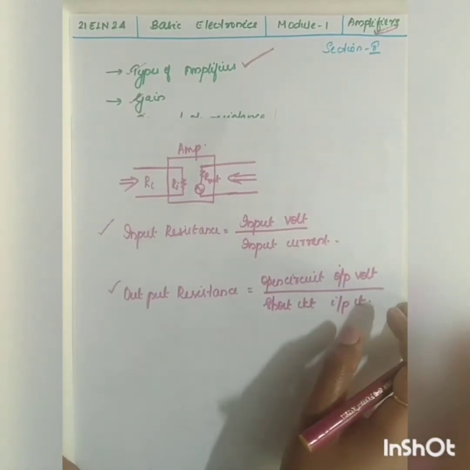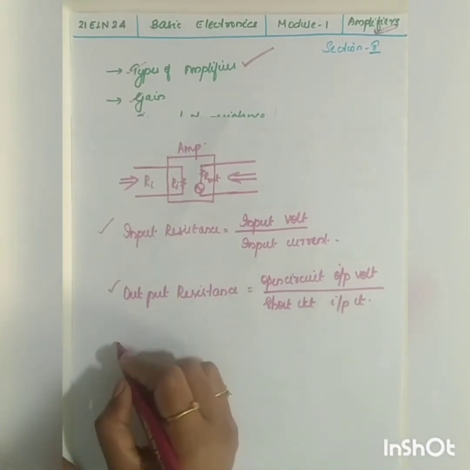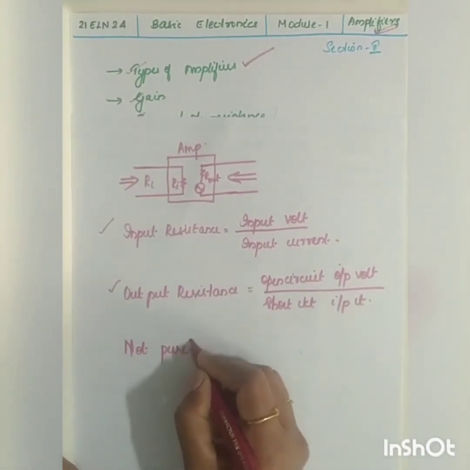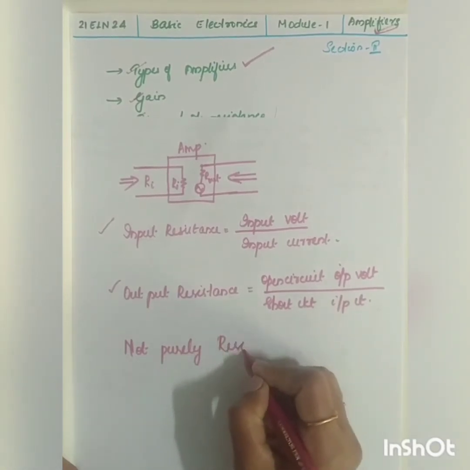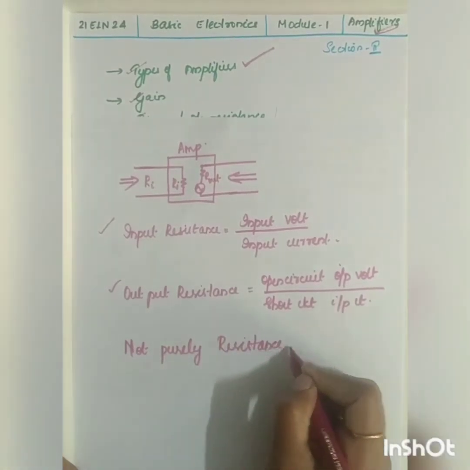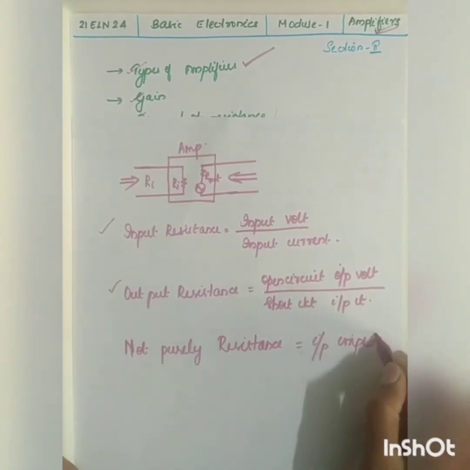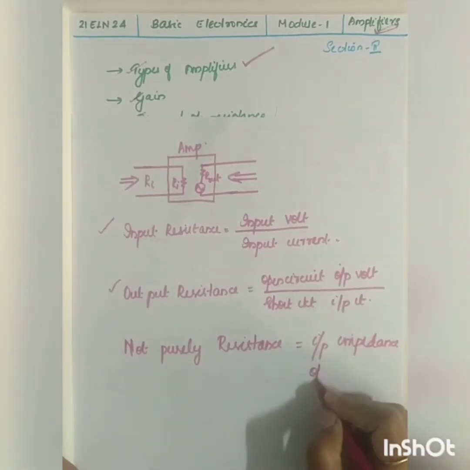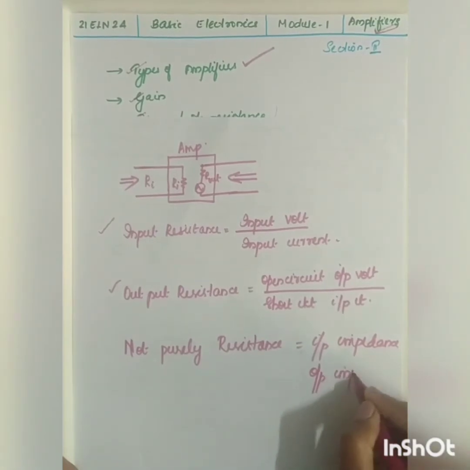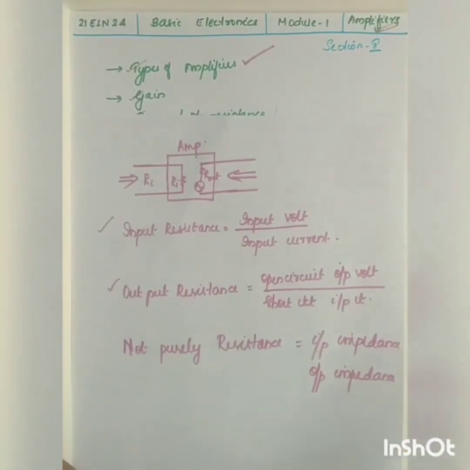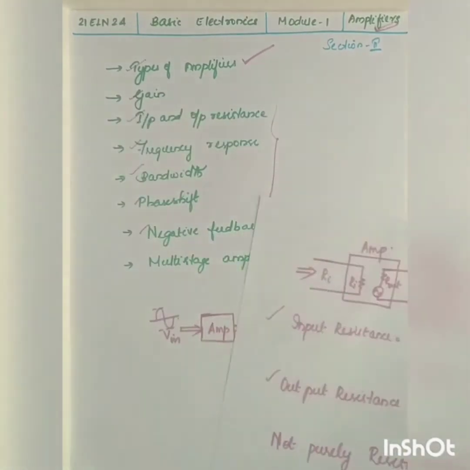In conditions where it is not purely resistive, we call those input impedance and output impedance. So these are the two properties, the input resistance and the output resistance.